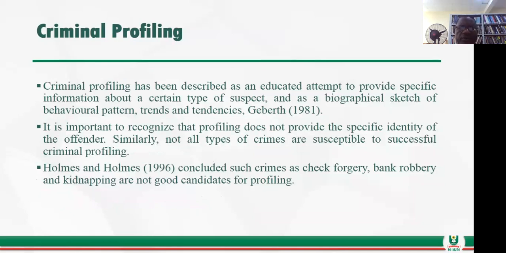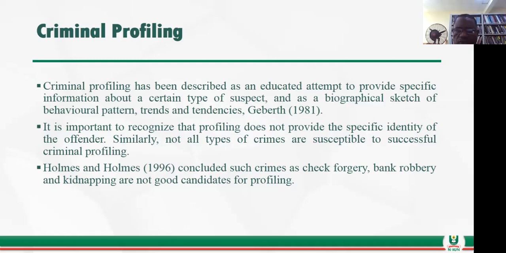The criminal profiling. Criminal profiling has been described as an educated attempt to provide information about a certain type of suspect and as a biographical sketch of behavioral patterns, trends, and tendencies. This definition is given by Gabbard, 1981.